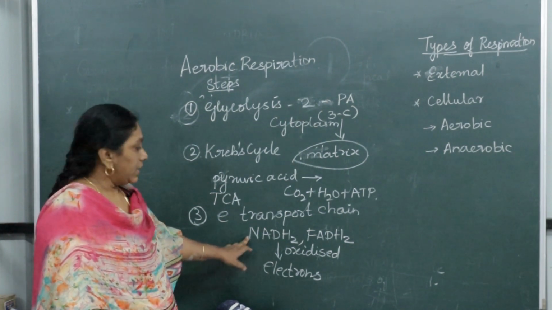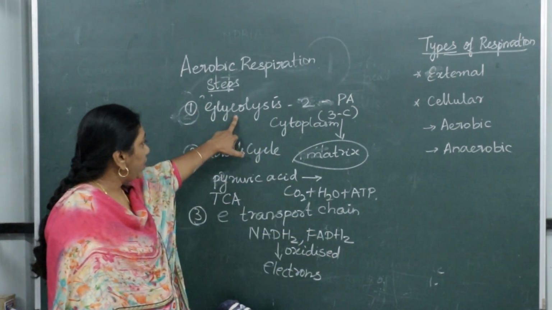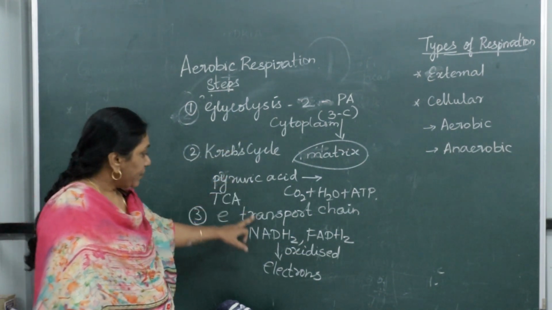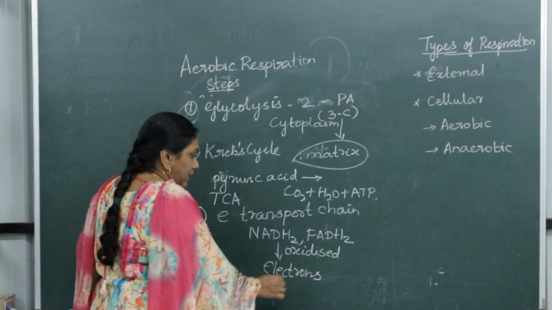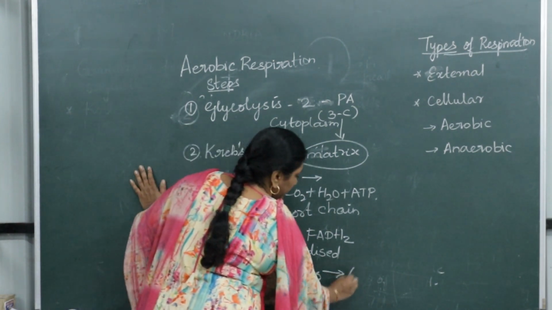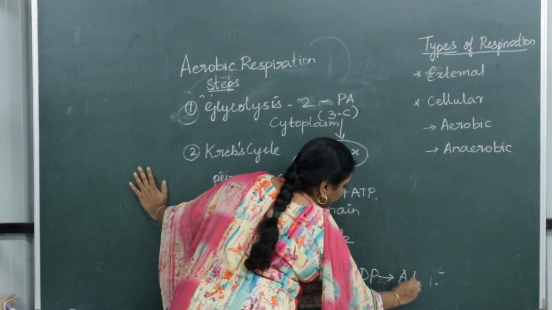You have to remember that the NADH2 and FADH2 produced during glycolysis and Krebs cycle will be oxidized to release electrons. These electrons contain energy which will be captured by ADP to form ATP.